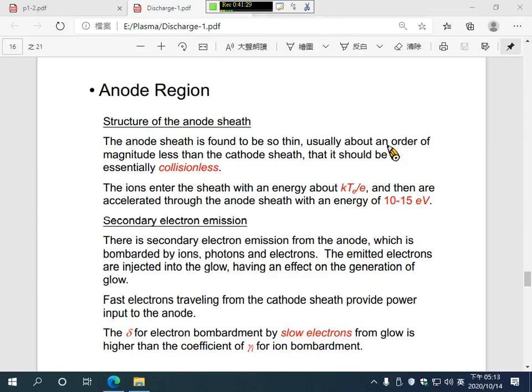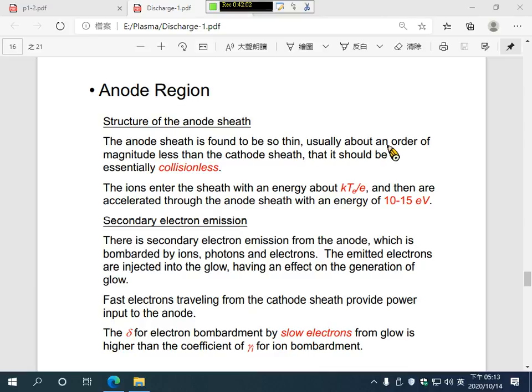And here it's about the anode region. So there's a very thin anode sheath near the anode surface. And because the sheath is very thin, it is essentially collisionless, okay? No collisional process inside the anode sheath because the sheath is too thin.